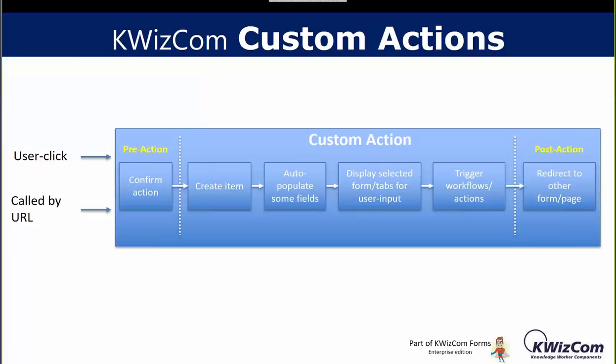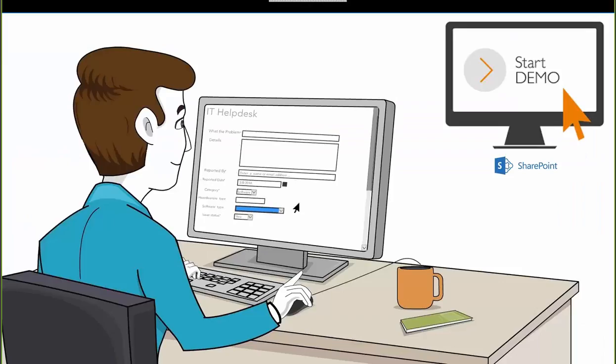So let's go to the demo. I don't want to show too many slides. I really want to do a lot of demos so you can see it in action. Just to give you a heads up, QuizCom Custom Actions is part of the QuizCom Forms Enterprise Edition. So if you have the QuizCom Forms Enterprise, you have QuizCom Custom Actions as well.